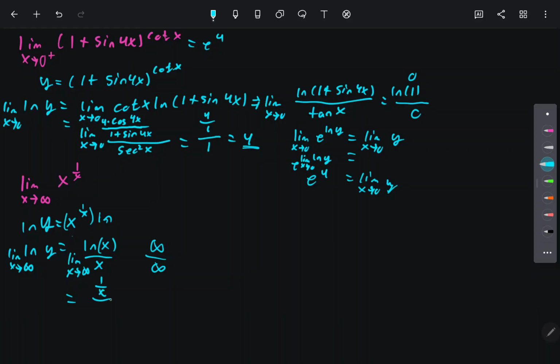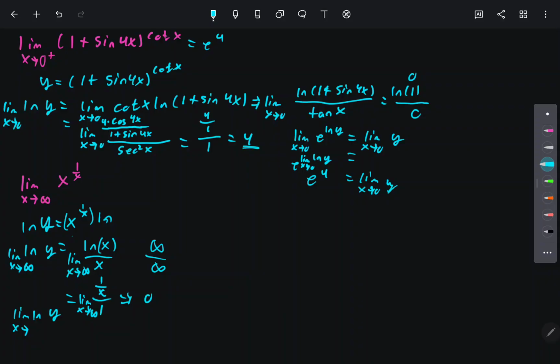So we get 1 over x divided by 1. Taking the limit as x approaches infinity, we can clearly see that this numerator is going to go to 0. Dividing that by 1, we get an answer of 0. And that's our limit as x approaches infinity of the natural log of y.